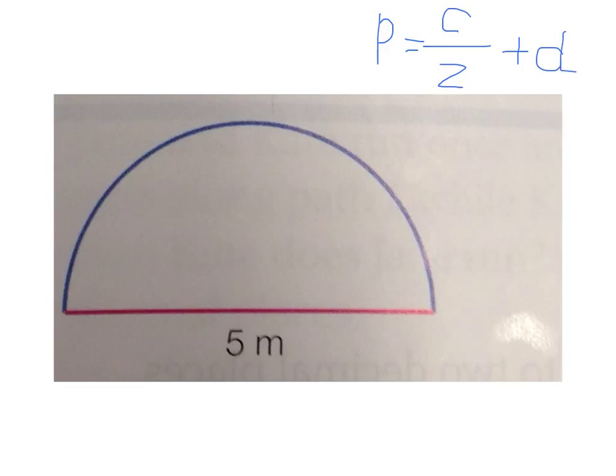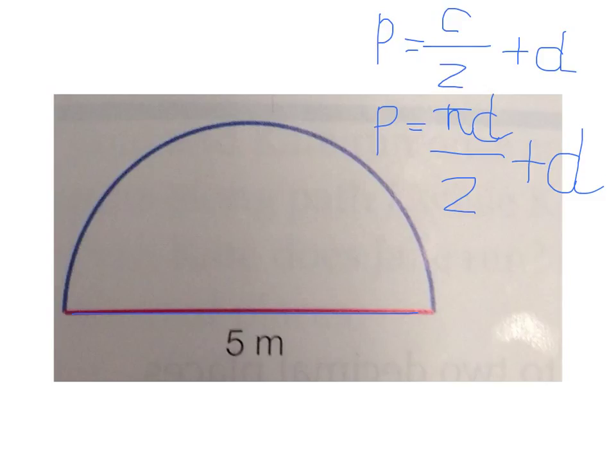So basically P is equal to pi times the diameter, then we divide it by 2, and we add the diameter, okay?